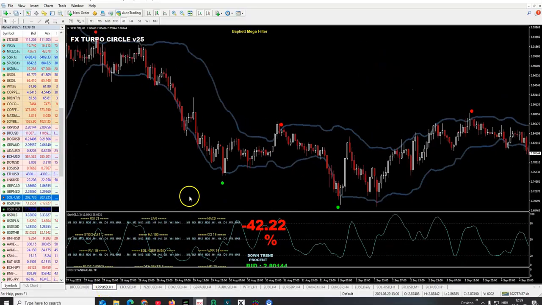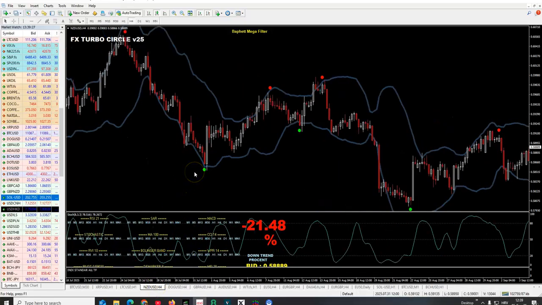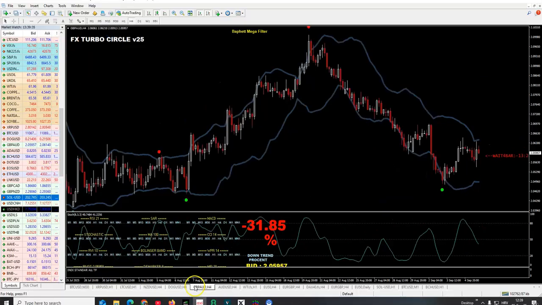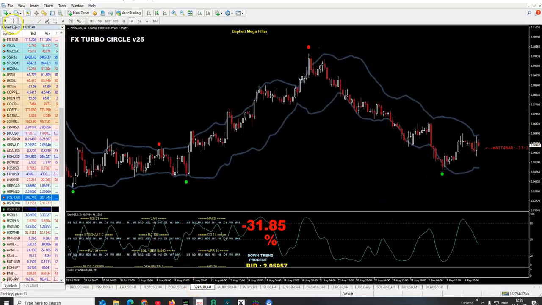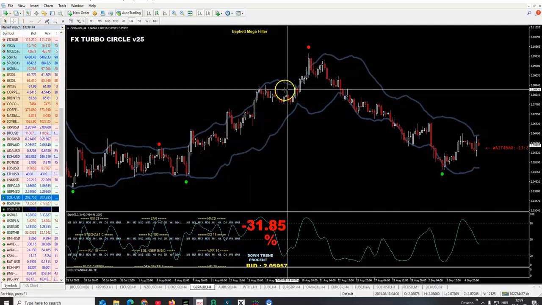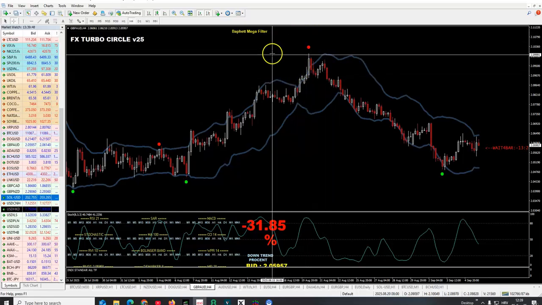So I'm showing you with crypto because markets are closed. But yesterday, New Zealand, you see many trades. One fantastic trade here. You see the price was rising, crossing the bands, and we get a red dot.